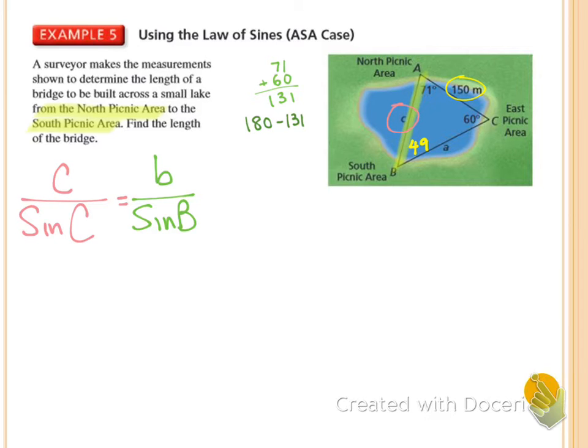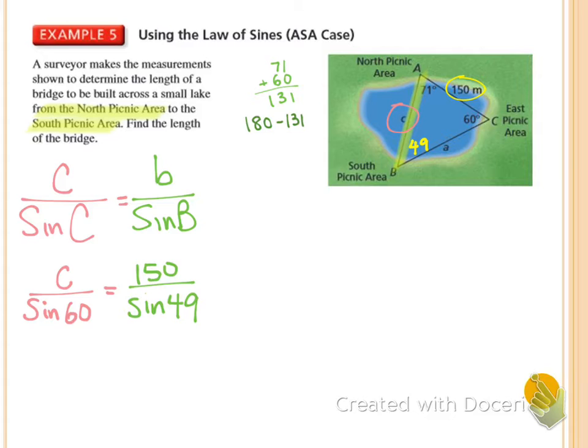I just write it so you know what we're doing and why. Do we know the length of C? No, that's why we put it in the top. You always want what's missing in the top. And then what is angle C? 60 degrees. What's the length of B? 150 over sine of angle B, 49.